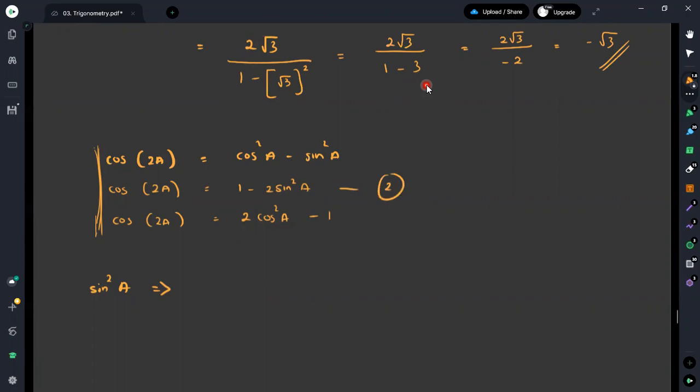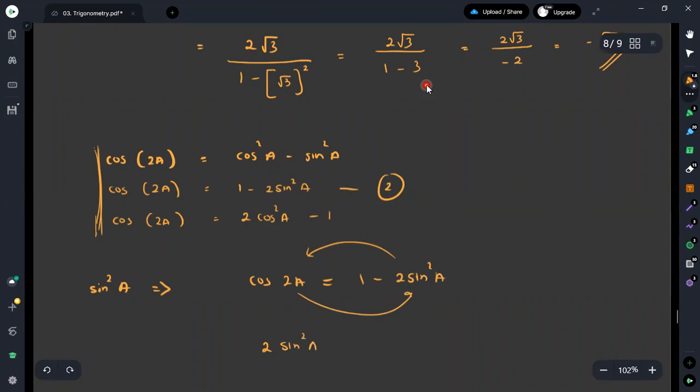Since we are using the second equation, what we can use is cosine 2A equals 1 minus 2 times sine squared A. If you are isolating this sine squared A, then if you take this to the left hand side and send this to the right hand side of the equation, we will get 2 times sine squared A equal to 1 minus cosine 2A.